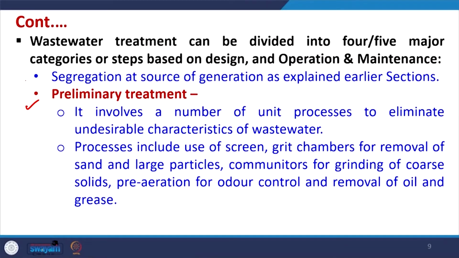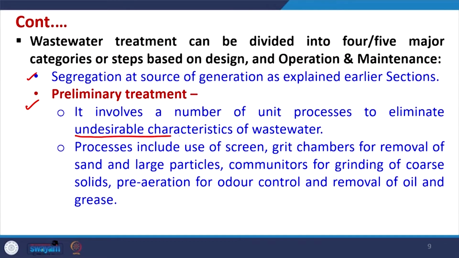So, first is preliminary treatment. Segregation at the source of generation has been explained earlier. This is very important and it helps in determining which strategy has to be followed. Now, after that there are different options. So, one is preliminary treatment.